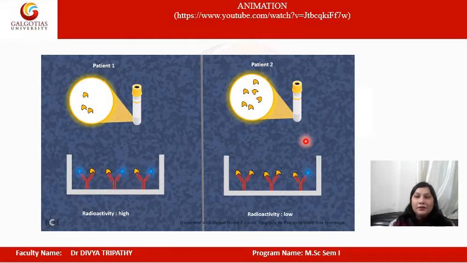Whereas in patient 1, the unlabeled antigen was not so much. As a result, not much radioactivity goes down, and a few radioactive antigens are still labeling the antibody. Based on these observations, we can clearly get a quantitative measurement about the patient sample.